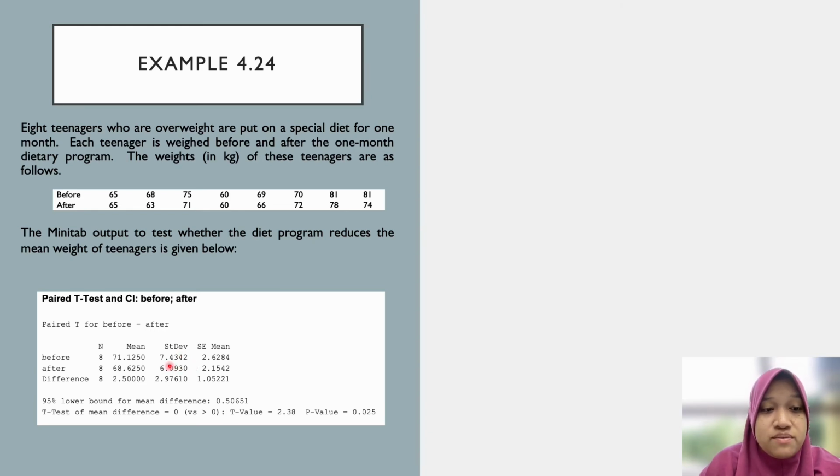So 7.4342 divided by square root 8, you will get the standard error mean value. Then we have the values for after and also the difference, and you are also given the confidence interval value for the difference. And then the test statistic value and also the p value.